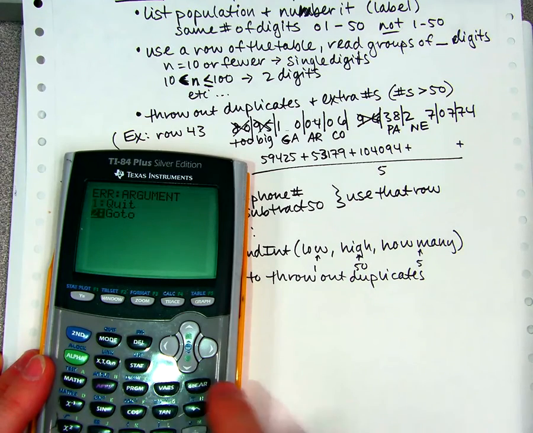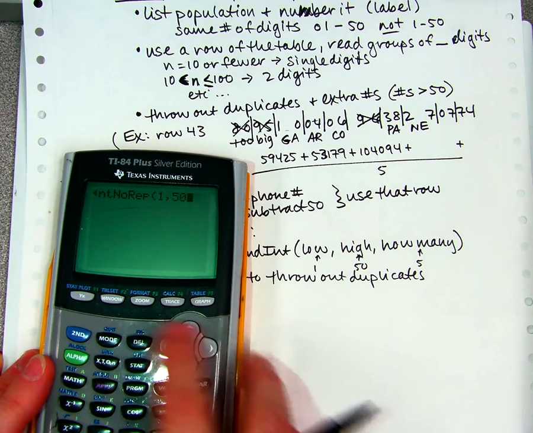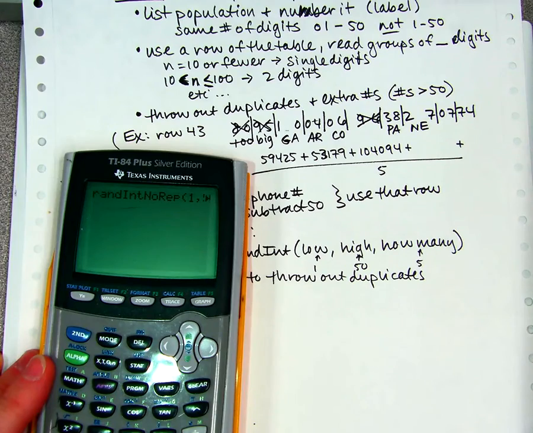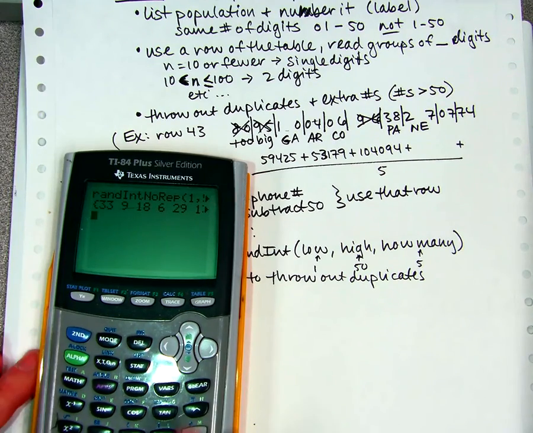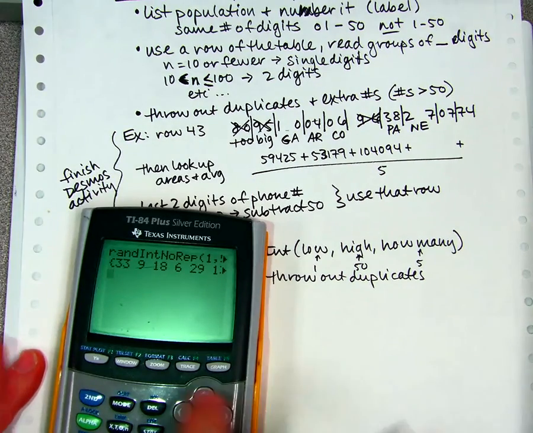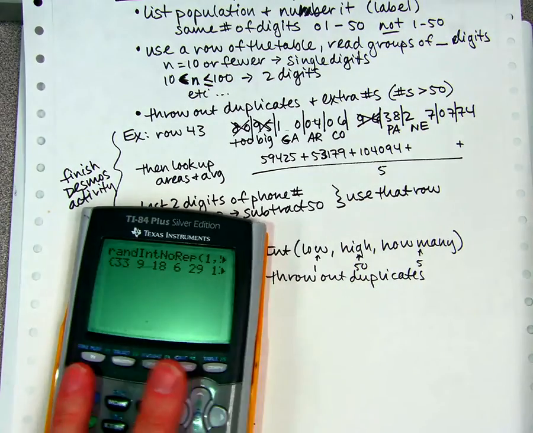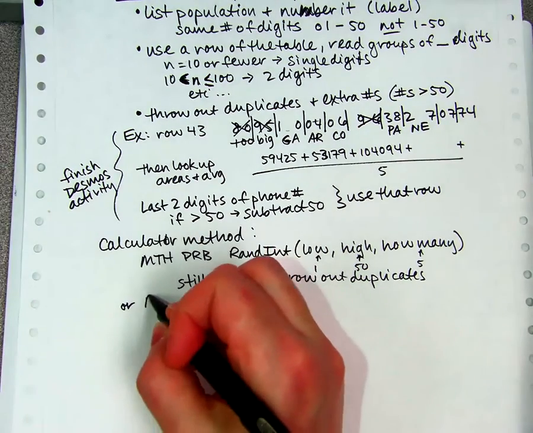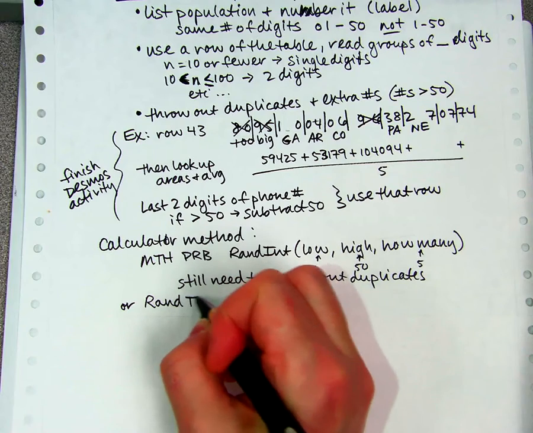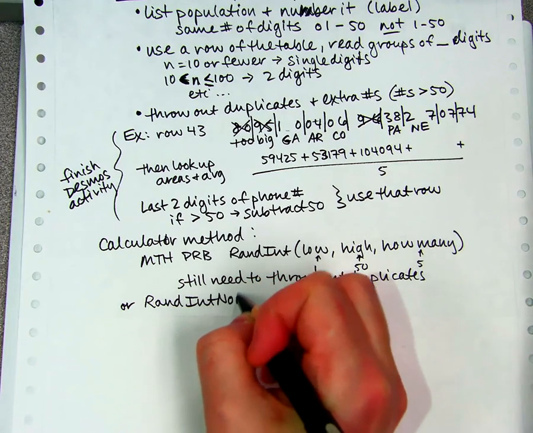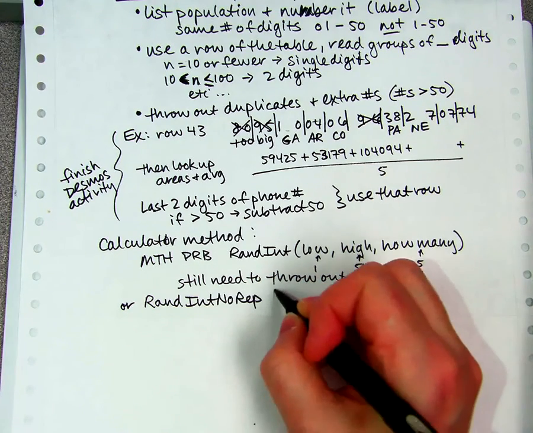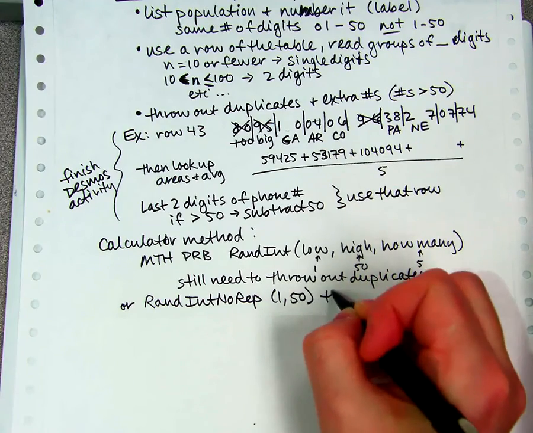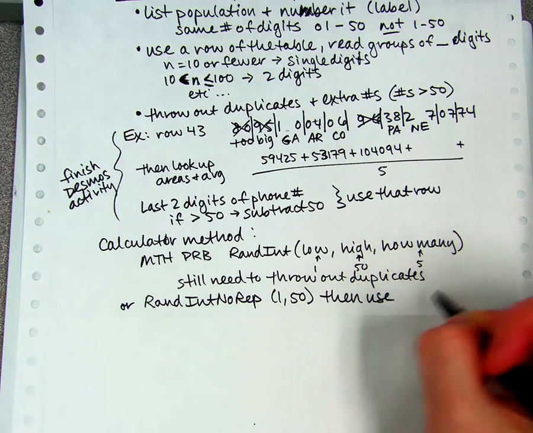Nope, it doesn't like the extra 5, so delete that. If you do that, it gives you all 50 numbers in random order, and you just use the first 5. So there's another option that some of you will be able to do and some won't. No rep, 1, 50, then use the first 5.